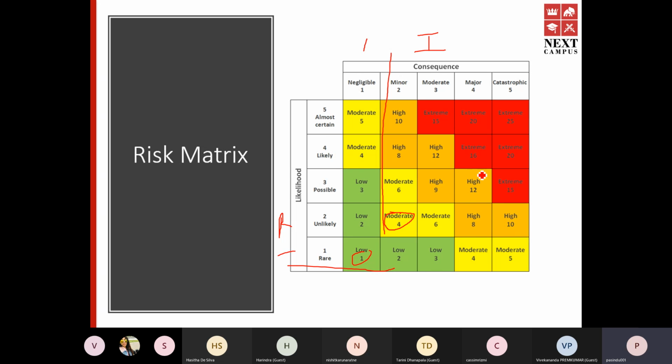So likewise, this matrix has the exposure built in, but you don't need the exposure to do the risk matrix. You can say high, medium, low, and categorize the risks accordingly, and then you can focus on the high risks. Okay. So that's a qualitative risk analysis. This has a combination of qualitative and quantitative because you captured the exposure as well.